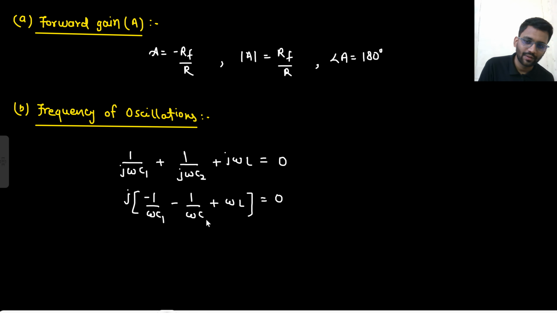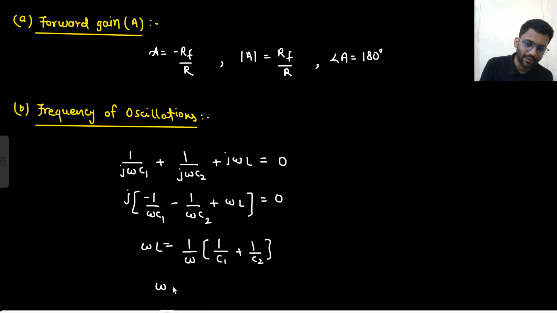Do you agree with my point? I put j as common. So 1 by j you can write as minus j as well. So it will be minus 1 by omega C1 minus 1 by omega C2 plus omega L equals to 0. So this j will go to this side, that will be 0 only. So what you will get here? Omega L is equal to 1 by omega into 1 by C1 plus 1 by C2.